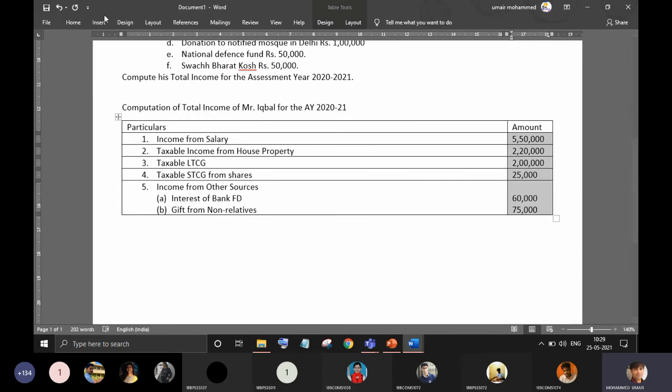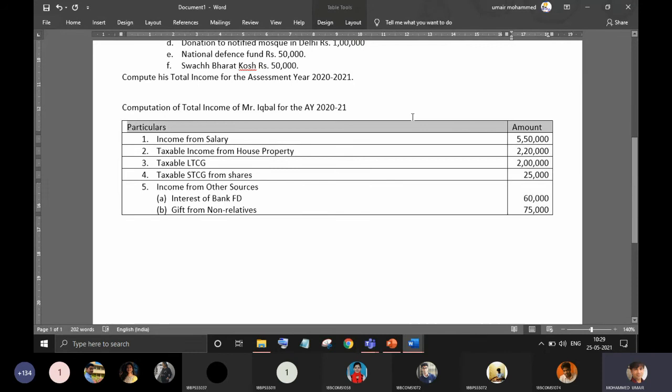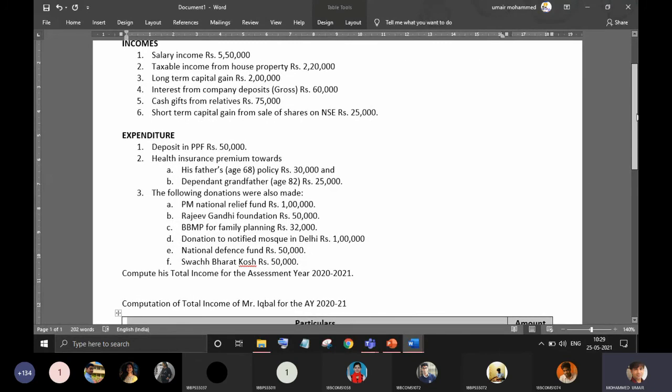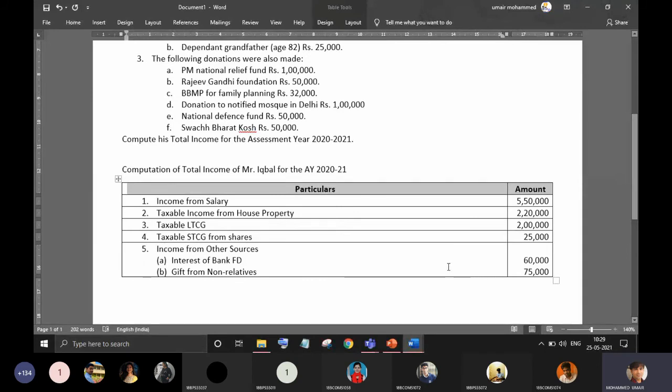So that concludes our entire list of incomes. So let's cross check once if we have included all. Yeah. So we have incorporated all the incomes.